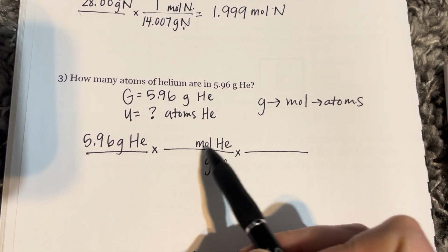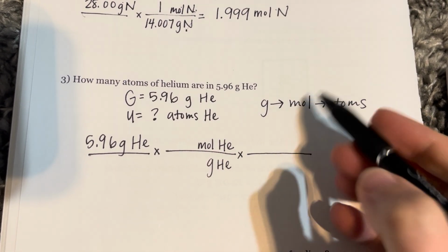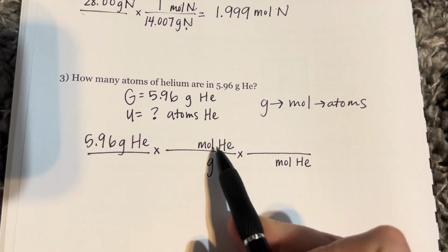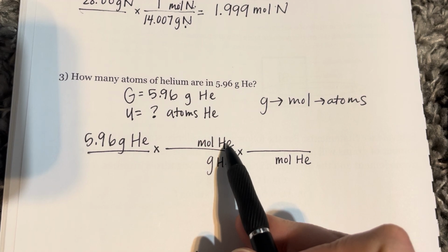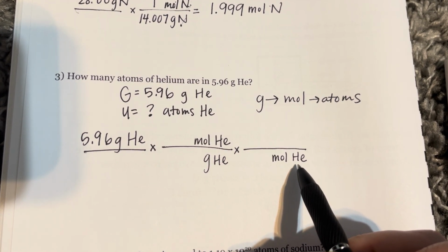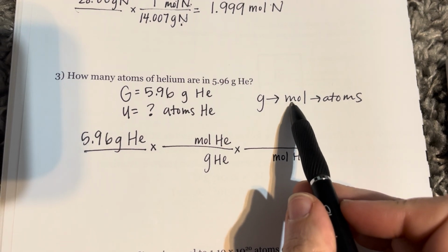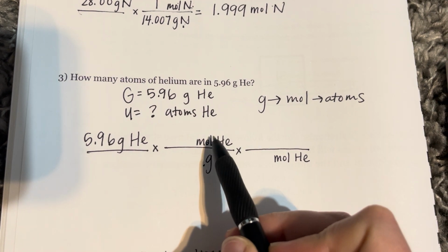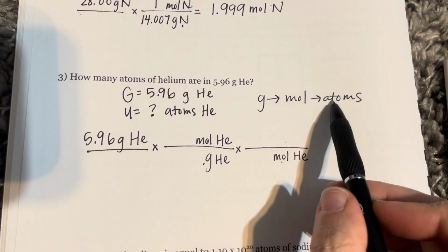Moles of helium was at the top of this fraction, so it goes on the bottom of the next one. Okay, just like when you're bringing the given down. Whatever is at the top of the last one, if you're not done solving this problem, it goes on the bottom of the next one. Okay, now I'm at moles. I went from grams to moles. Now I'm going from moles to atoms.